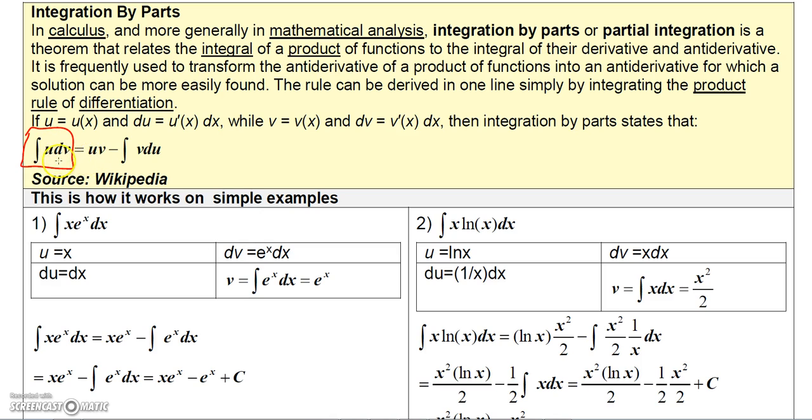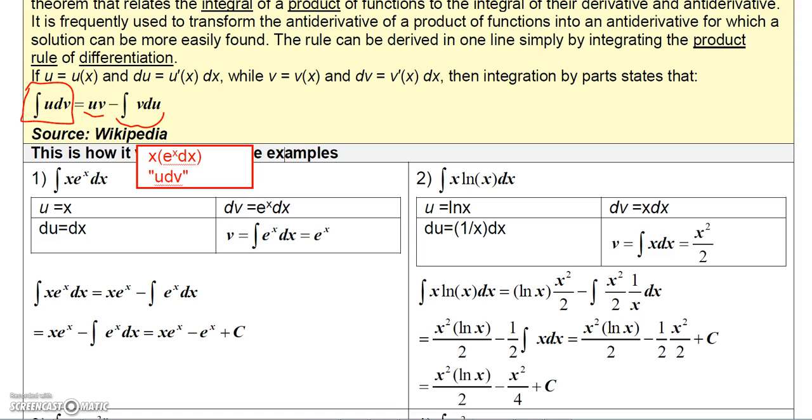Then we can rewrite that integral as u times v minus the integral v du, and at that point we can integrate this integral. Hopefully, if it works out right, we'll be able to integrate this integral and finish the problem.